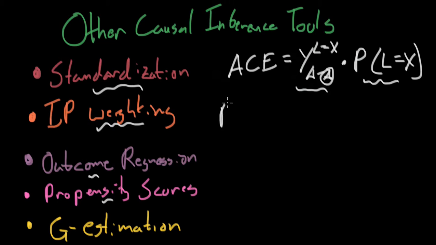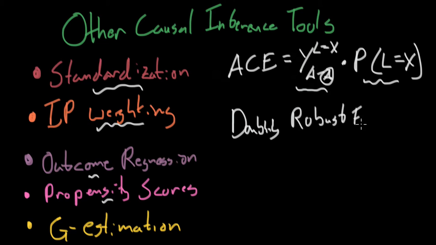There is another method here that I've not written up, and this method is simply a combination of standardization and IP weighting. So this is called doubly robust estimators. Doubly robust estimators. And simply, you combine standardization and IP weighting to get the best of both worlds.